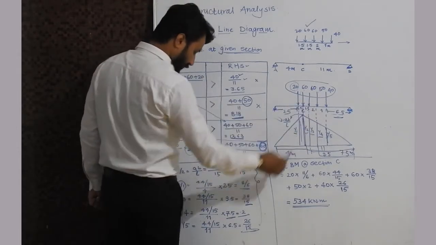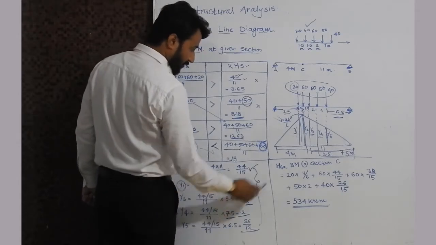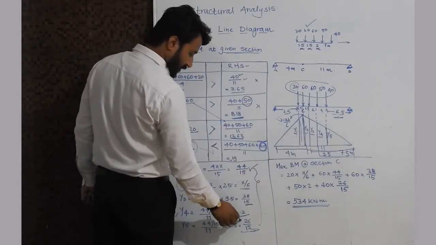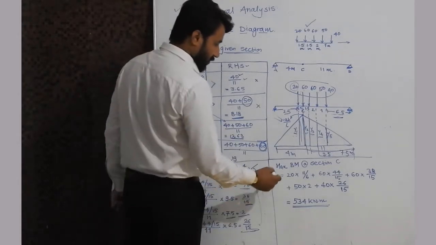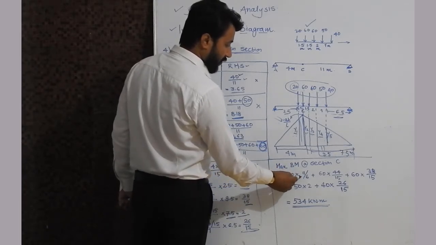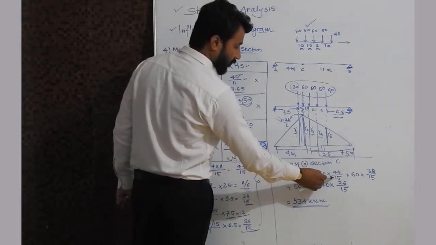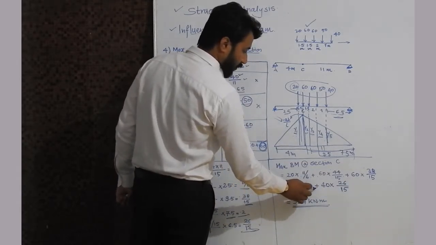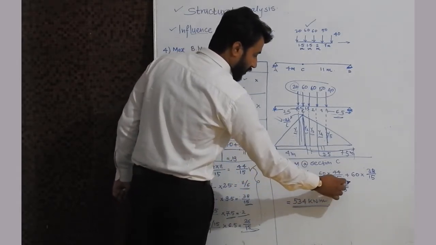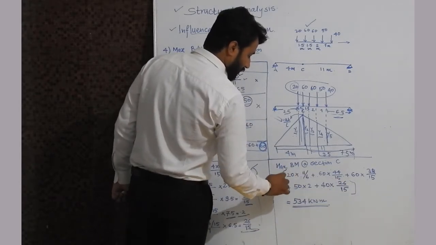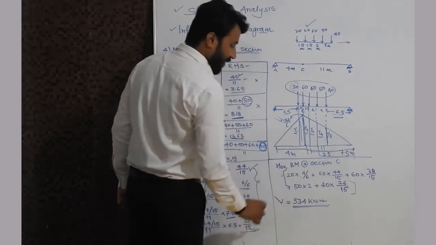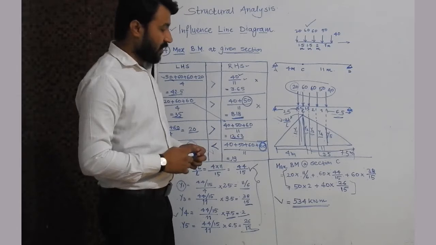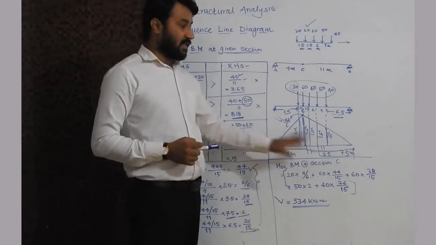And 40 multiplied with Y5, and Y5 is 26/15. Okay. So this is 20 into 11/6 plus 60 into 44/15 plus 60 into 38/15 plus 50 into 2 plus 40 into 26/15. If you do this calculation, you will get the maximum bending moment of 534 kilonewton meter at section C.